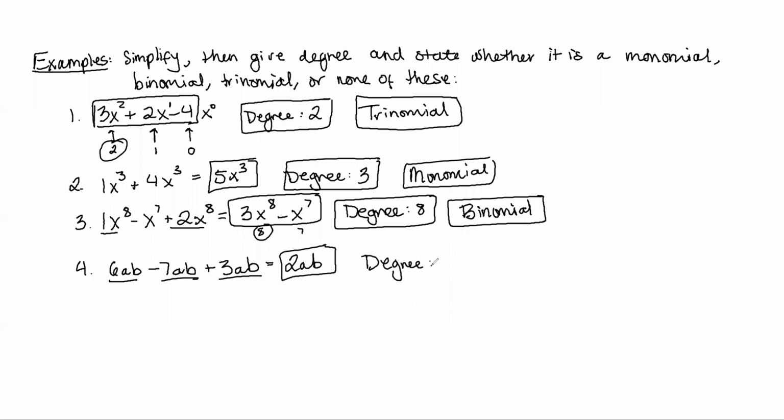Anytime you have more than one variable, the degree of the term is going to be the sum of the exponents. So the exponent on this a is 1, the exponent on the b is 1, so the degree of this term is 2. So it's the sum of the exponents.